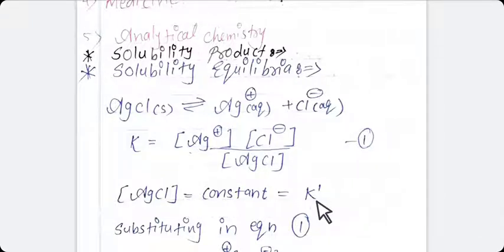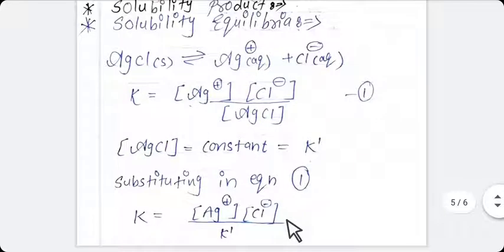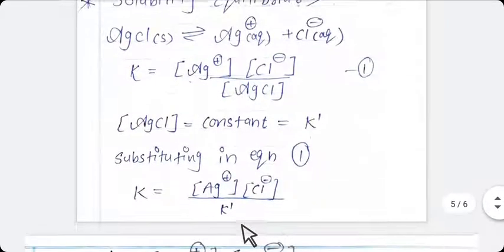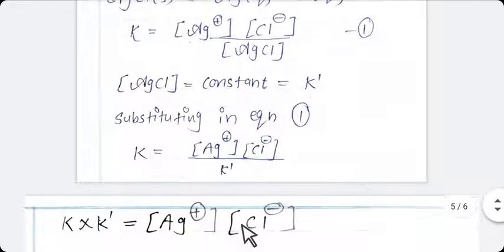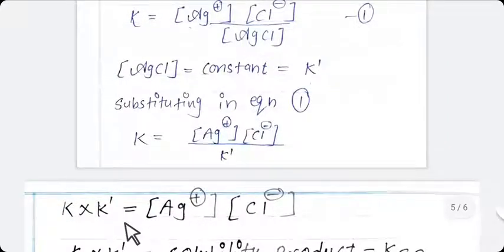So putting this value in equation 1, K is equal to concentration of Ag plus times concentration of Cl minus divided by K dash. Taking K dash to the other side, we get K into K dash equal to concentration of Ag plus times concentration of Cl minus.